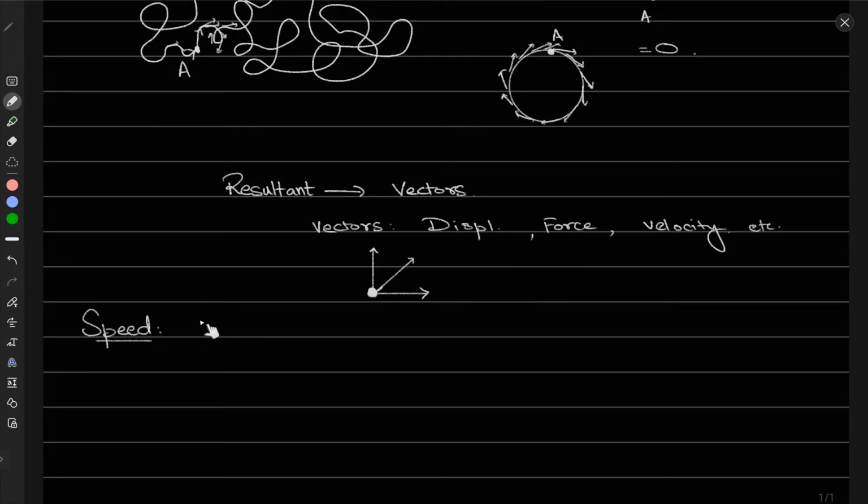So the distance changing with time is given a name, which is speed. Now, so speed is really defined as distance changed per unit time, or in some unit time.